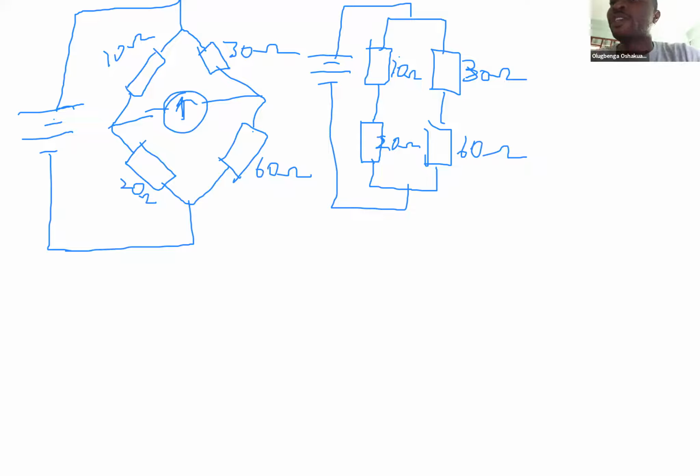If you want to simplify this circuit, you can come further to say these two resistors are in series, 10 and 20 are in series, and you replace them with a single 30 ohm resistor, and you say 30 and 60 are also in series, and you replace them with another single 90 ohm resistor.